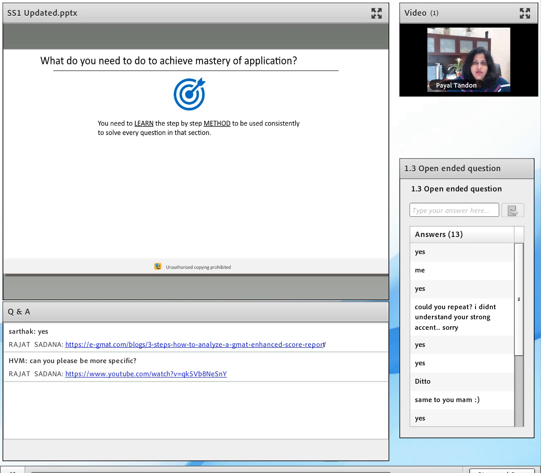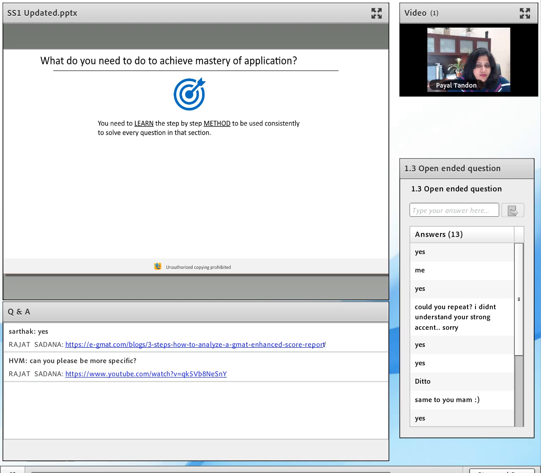Now, many a time students consider learning for a particular section synonymous with learning concepts in that section. They learn the concepts and then they just practice thousands and thousands of questions, and that is a very, very big misstep.